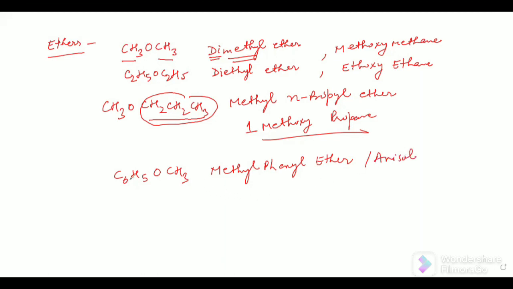For the IUPAC name, as I told you, the larger group will be taken as the parent, so benzene will be the parent here. So the IUPAC name will be methoxybenzene. In this way we can name some phenols and ethers. Now in the next video, we'll discuss the structure of these functional groups.